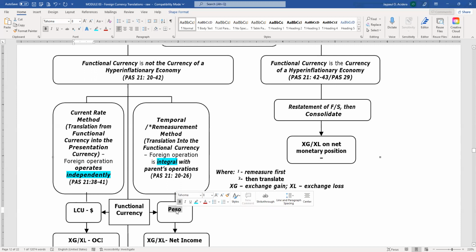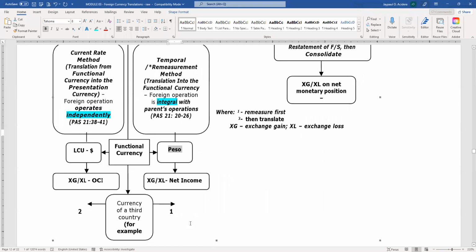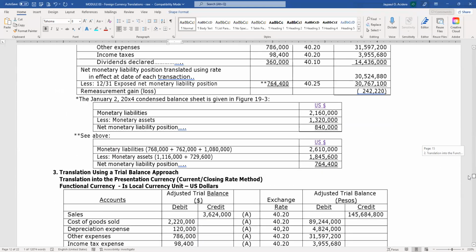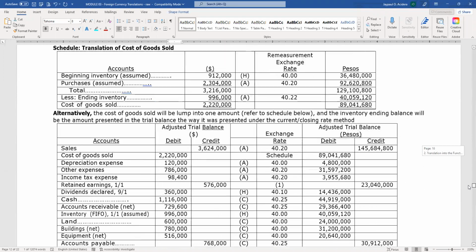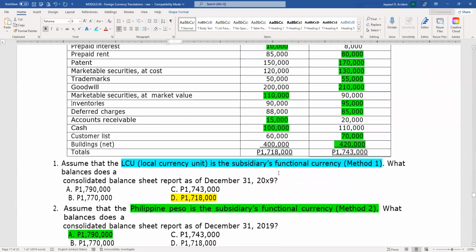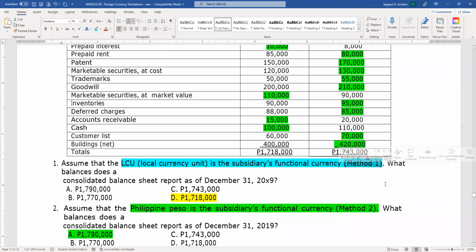But if the functional currency is in Philippine peso, okay, then that means the foreign operation is integral or method 2 ang gagamitin. Okay, so hindi lang foreign operations yung pwede nyo maging clue, pati yung functional currency that will help you identify anong method yung gagamitin.